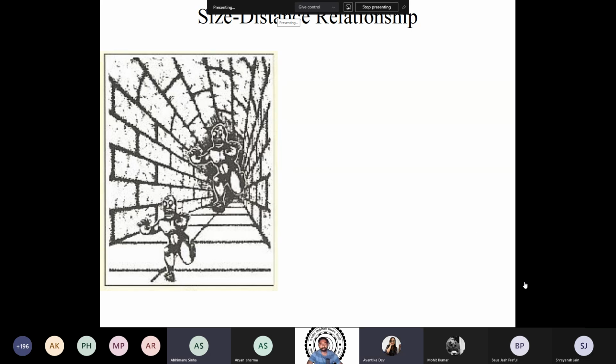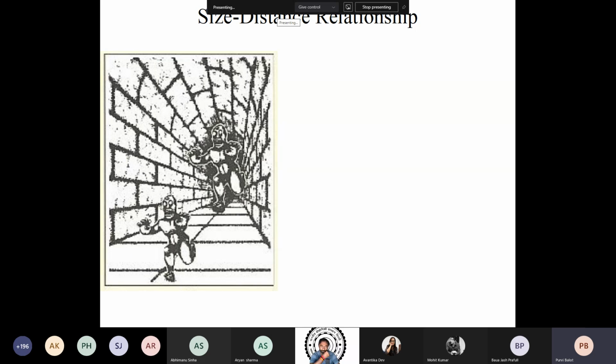Okay. Anybody else to follow up on that? Purvi, you have something to say? Yes, sir. I think it's because our brain tries to interpret it as a 3D picture instead of just visualizing it as a 2D picture.